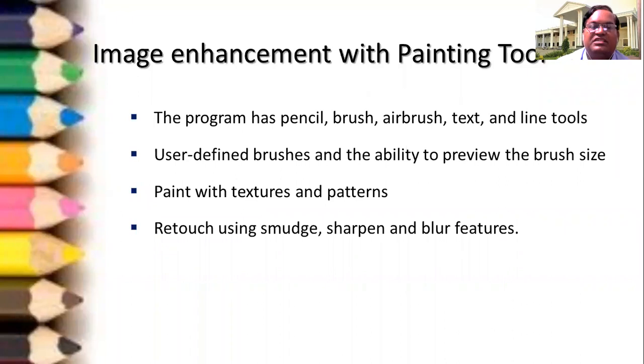If you want to blur the background and only highlight the photo, then you can blur the background and only highlight the photograph. Like this, you can sharpen or even smoothen the graphic images. So you can retouch using these features in the graphics program that are provided as painting tools.